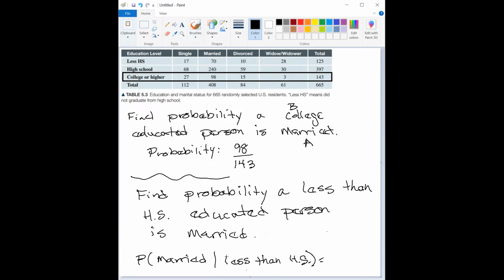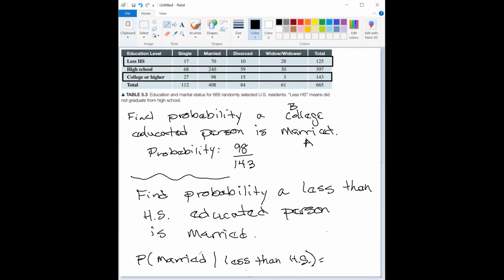The way these probability problems work, you want to eliminate everything that does not meet the condition. The only things that meet the condition are in this box. So I'm going to box in just the part of the table that meets the condition, and from there, just pretend the rest of it doesn't happen. You can just scribble over it. The rest of the table does not exist when it comes to finding the probability.